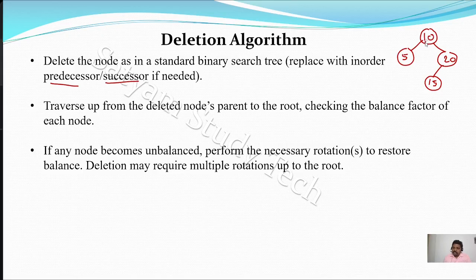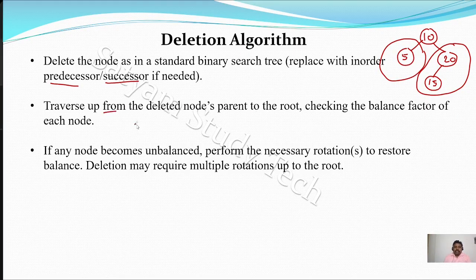Inorder predecessor means you find the maximum element on the left side, then replace it, then delete that element. Inorder successor means you replace with the minimum element on the right side, then delete it. So that is the meaning of inorder predecessor and inorder successor.